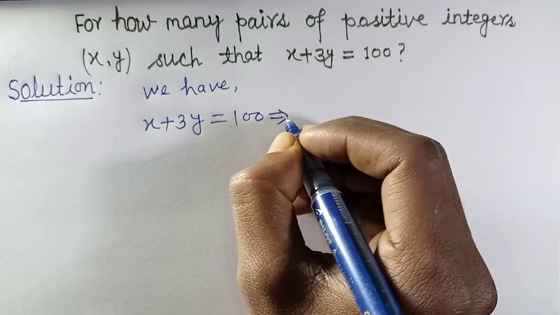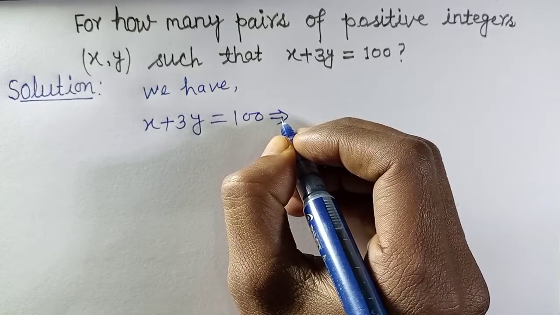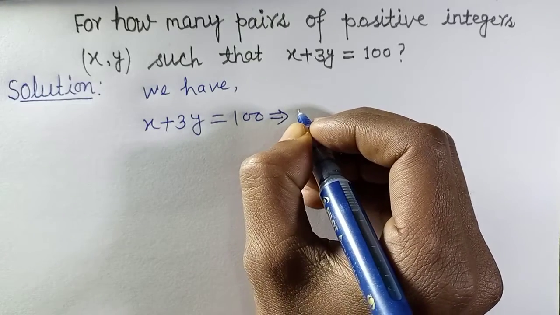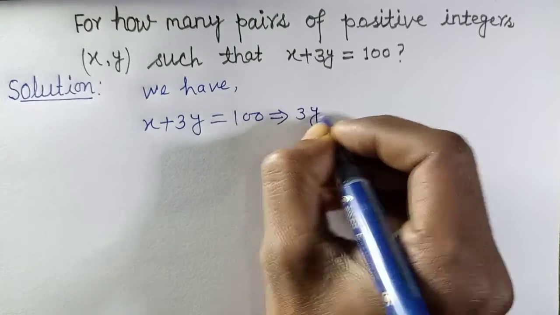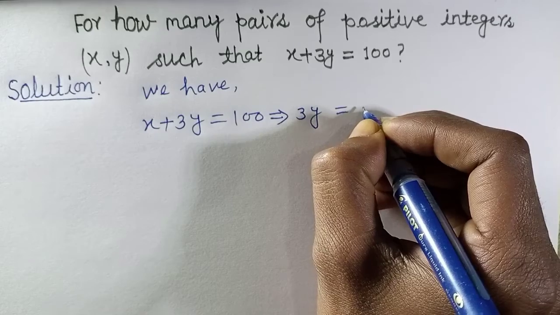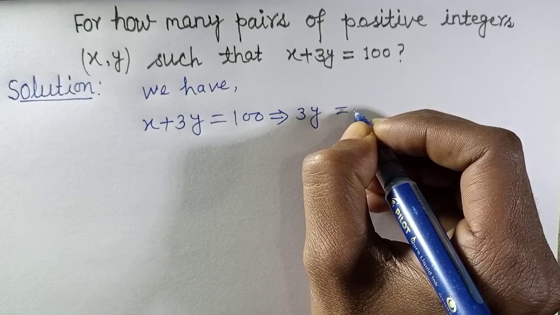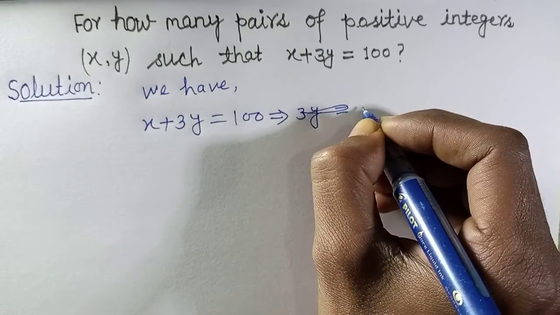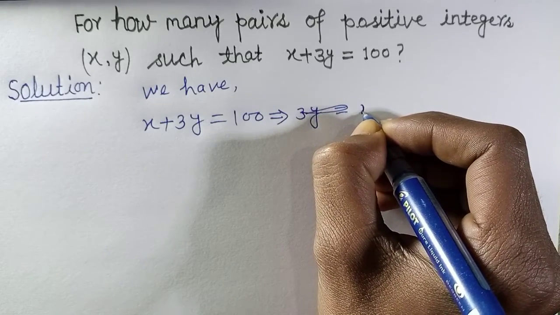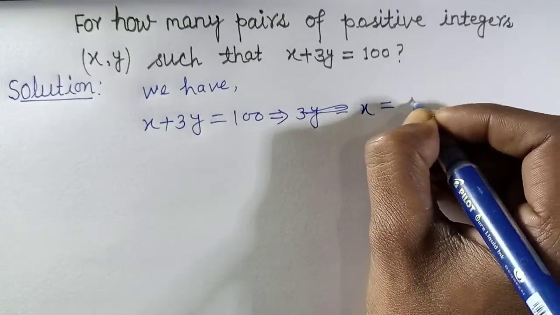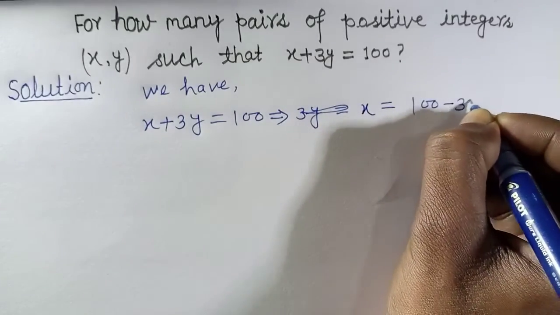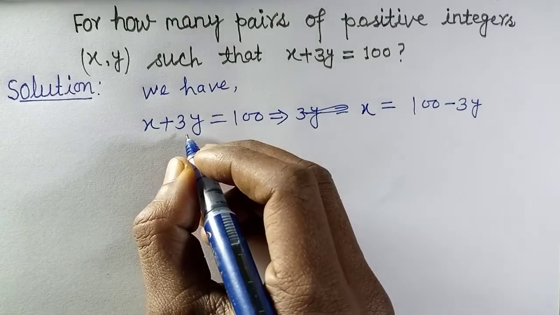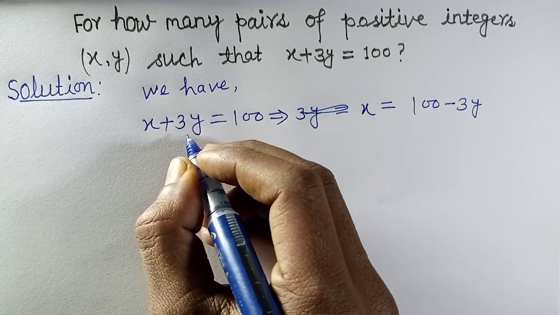So we get x equal to 100 minus 3y by subtracting 3y from both the sides.